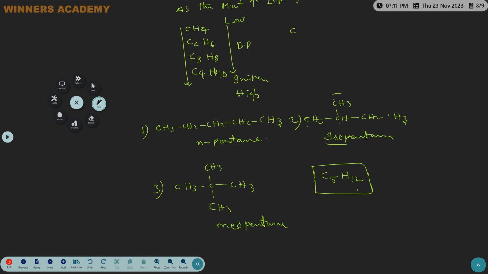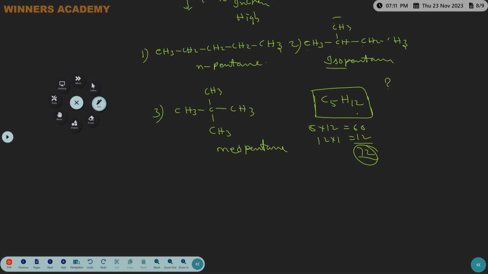And which should have the high boiling point? That is the question here. All have the same molecular weight. How much? C5 is 5 into 12, 60. 12 into 1 for hydrogen, 12. That is how much? 72. All have 72 molecular weight. So whose boiling point is more?